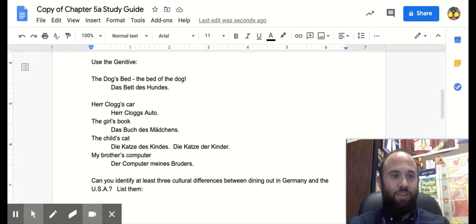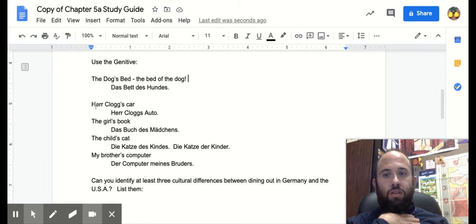Das Bett des Hundes. The exception here is with proper nouns, like Herr Klog would be Herr Klogs Auto. We can use proper nouns, but we don't need to use the apostrophe. In this instance, it would come before the thing.